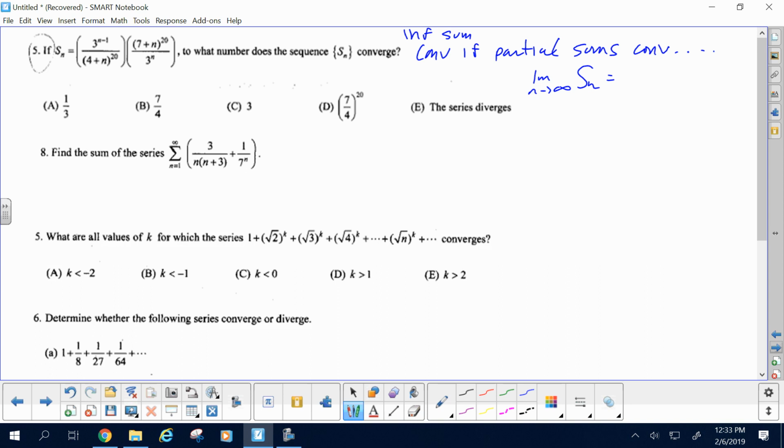Ready? What's the sum? Or does it diverge?